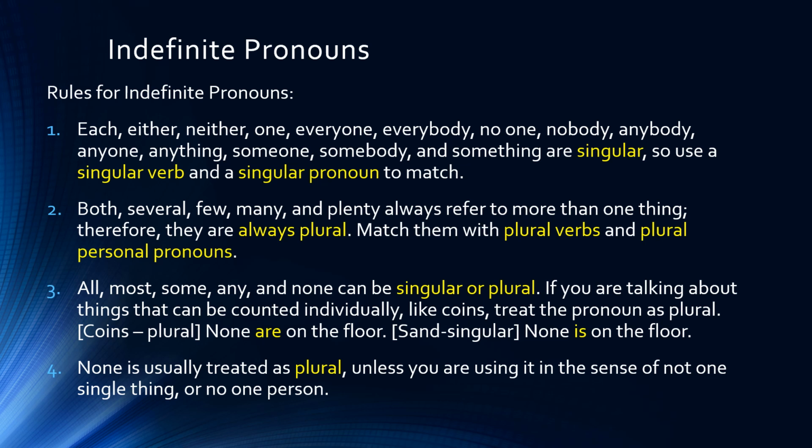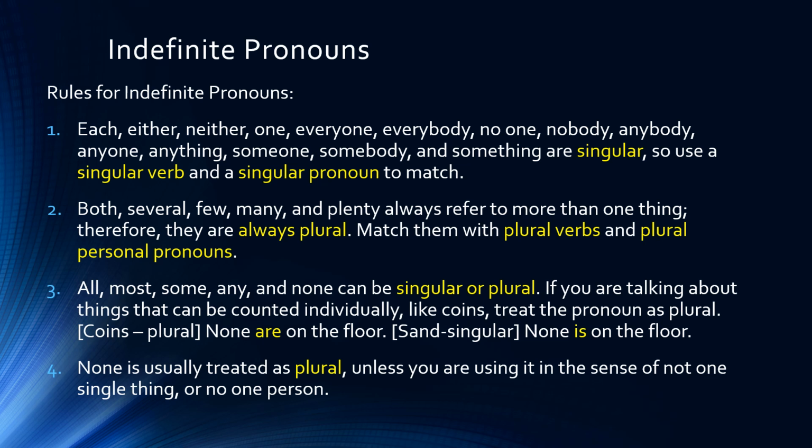Look at that bottle of coins that have spilled, but none are on the floor. Look at that container of sand that is broken, but none is on the floor. None are, none is, according to whether it is countable or uncountable.